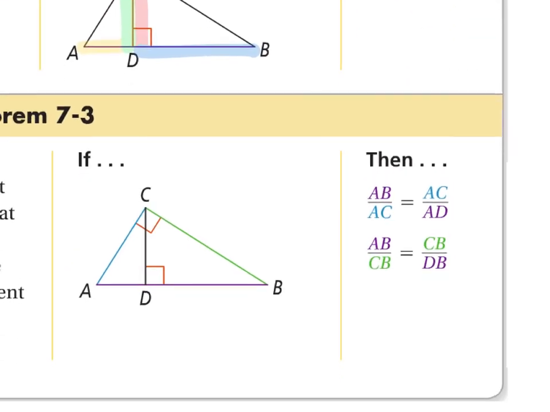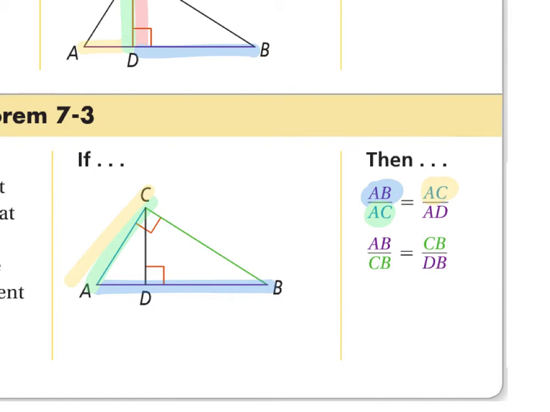Okay, next one is almost the same thing, it's just a smidge different. So AB, the hypotenuse of the big triangle, is proportionate to the hypotenuse of the little triangle. And AC, which would be the hypotenuse of the little triangle, is also proportionate to AD.